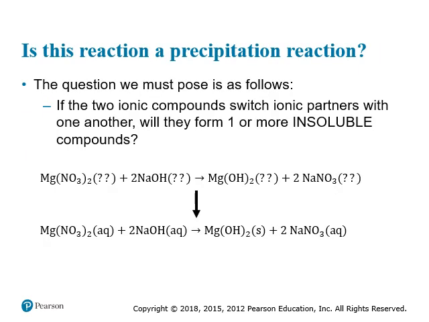So just refreshing us, if we want to determine whether a reaction is a precipitation reaction or not, we have to ask, will an insoluble compound be formed if two ionic compounds dissolved in water are able to switch ionic partners?